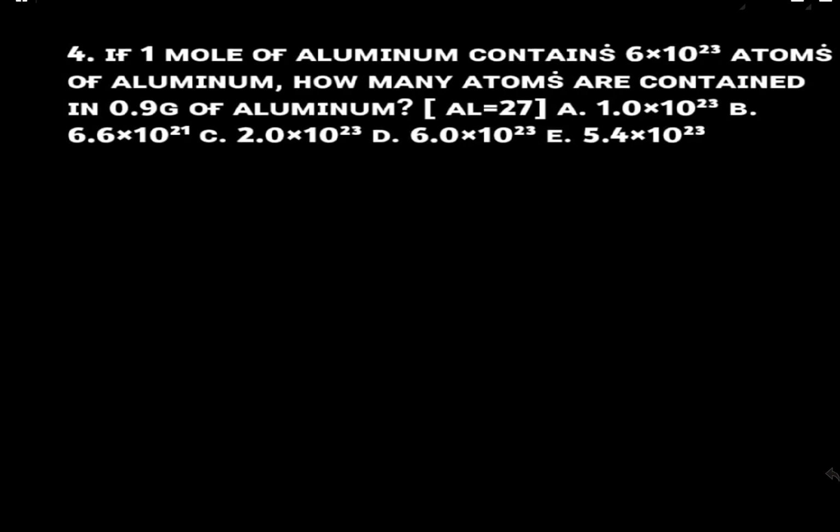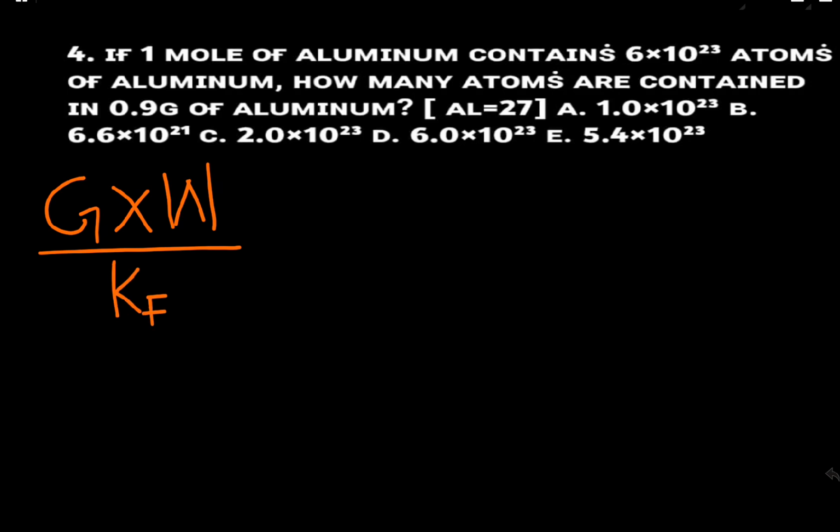We'll make use of Sam's relation here, straight to the point. So Sam's relation is what is given times what we want over what is known from what is given. And so if 1 mole of aluminum contains 6 times 10 raised to the power of 23 atoms, that's what is given.